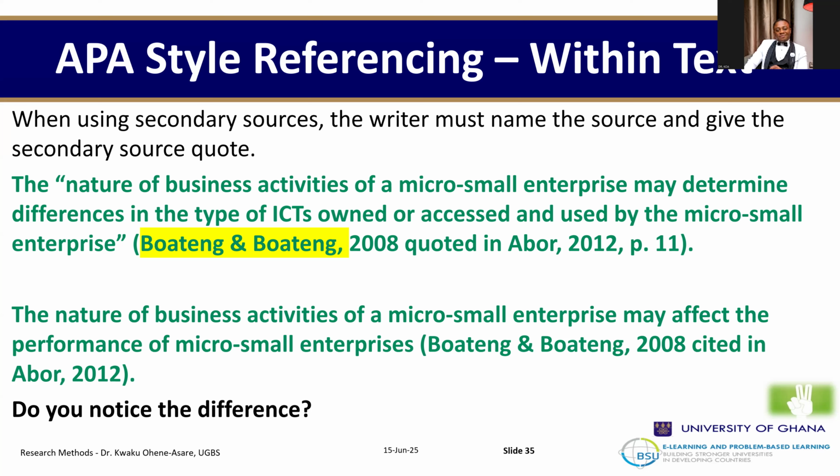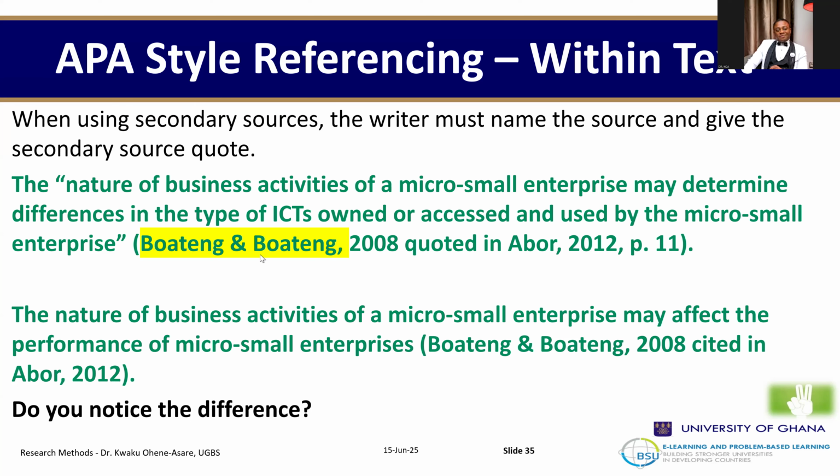So the one that is carrying the page number, that is where you got it from, or the one that you say cited in. That is where your eyes saw the document. But where your eyes did not see is the one that this person's work was copying from. Okay. Yeah, thank you. I hope you get it.